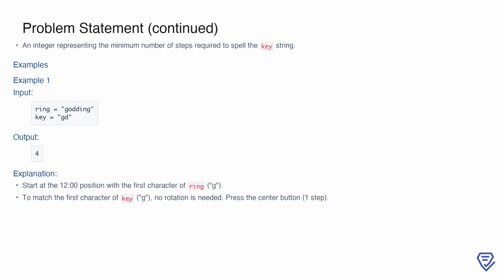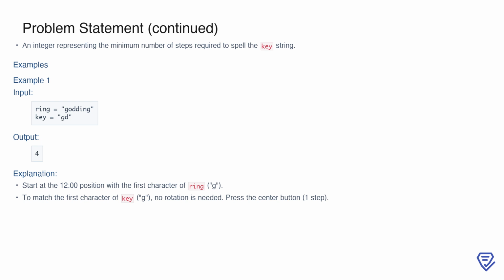For example, consider the input ring as "godding" and the key as "gd". Initially, the dial starts with the letter G at the 12 o'clock position. Since the first character of the key is also G, no rotation is needed, and you can simply press the center button to select it. This action takes one step.